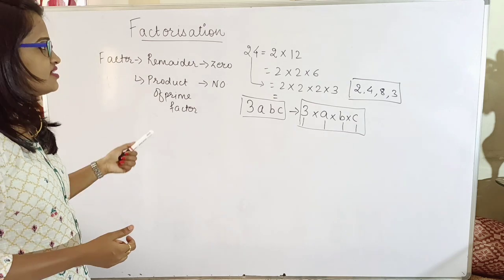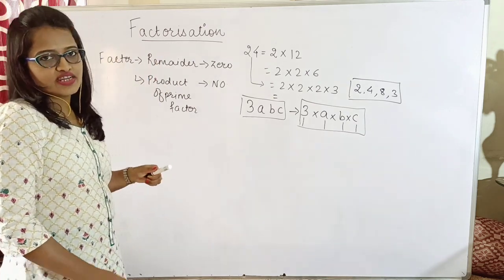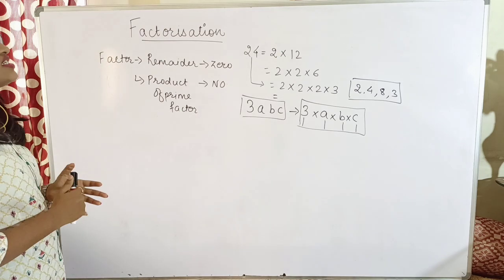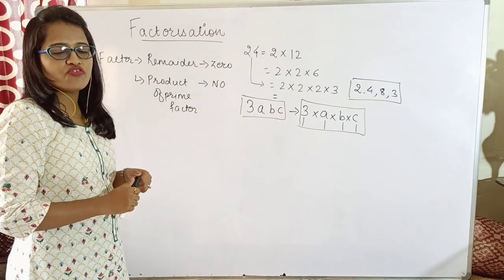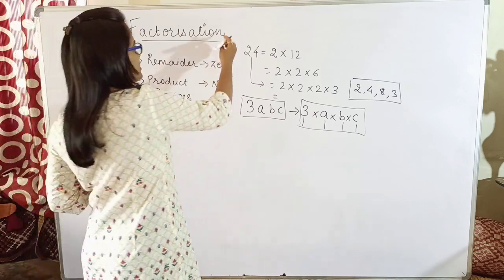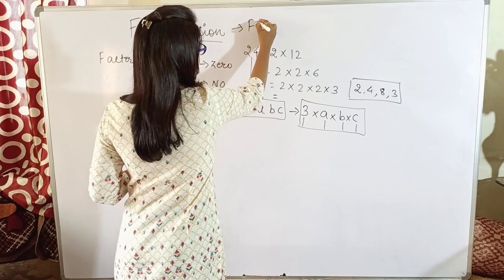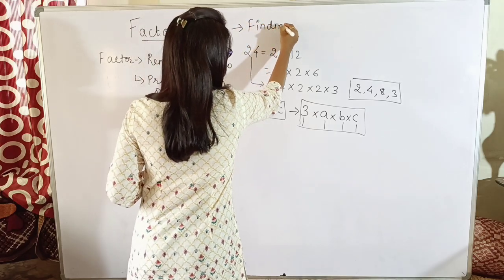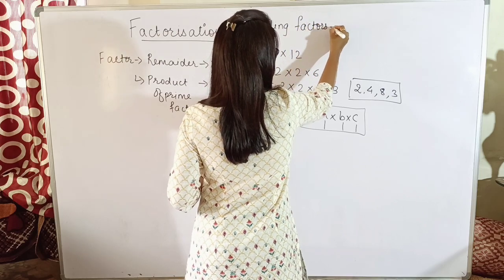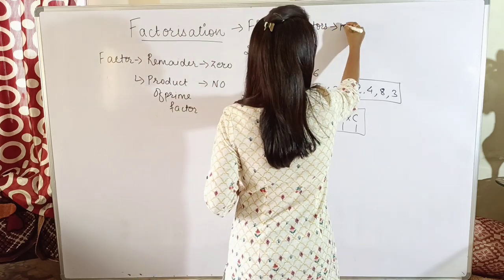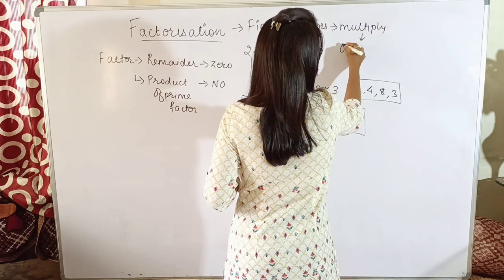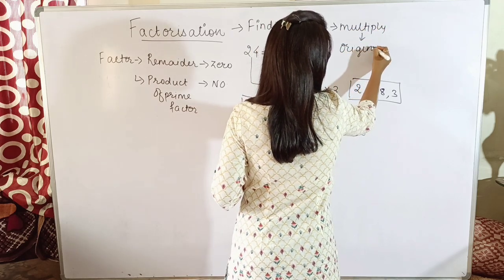So that is the definition of factorization: it is a process of finding the factors. And such that whenever you multiply those factors, you will get the original expression.